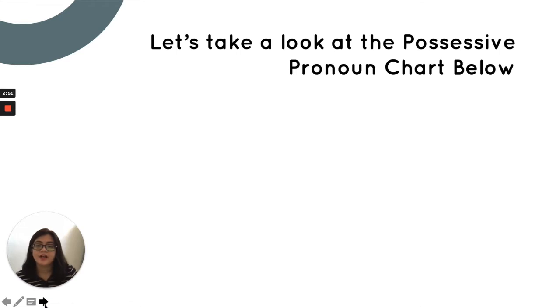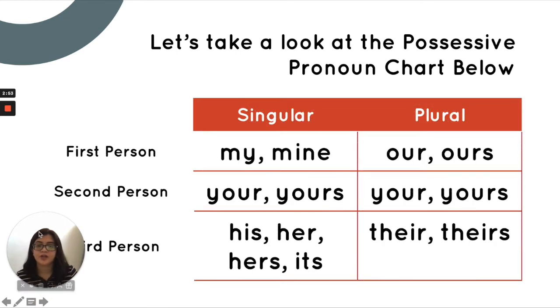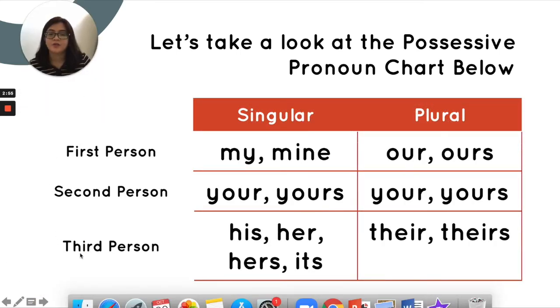So let's take a look at the possessive pronoun chart below. So for first person, under singular column, we can use the word my bag, or the word mine. Okay, that bag is mine. For plural, we can use our or ours. For second person, we can use the word your and yours.